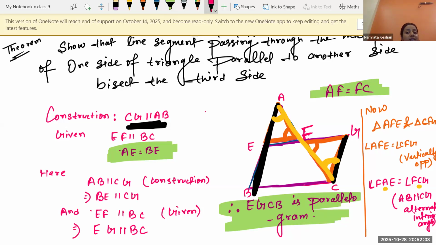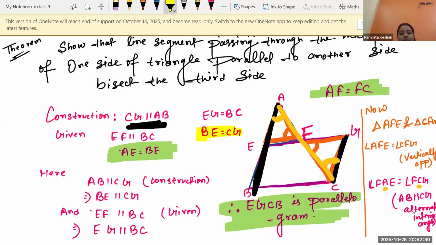EGCB is a parallelogram. That means opposite sides are parallel, which we know, and opposite sides are also equal. EG is equal to BC and BE is equal to CG, right? Yes.